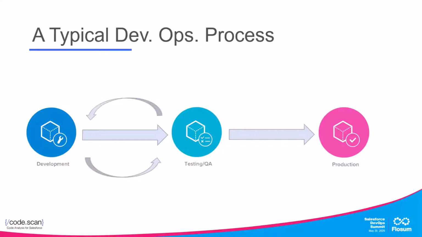When you, as a Salesforce developer, develop something and feel it is good and ready to be pushed into UAT, testing, and QA, you push it through and something happens there and it goes back to development. So there is an ongoing loop between development and QA that we all face, and that is caused mainly by a lack of processes, standards, and also technology.